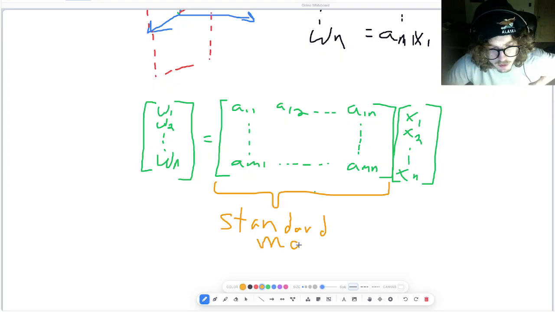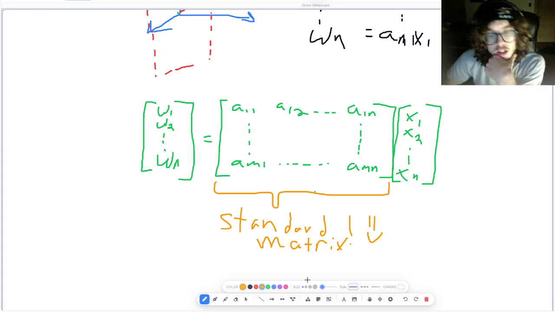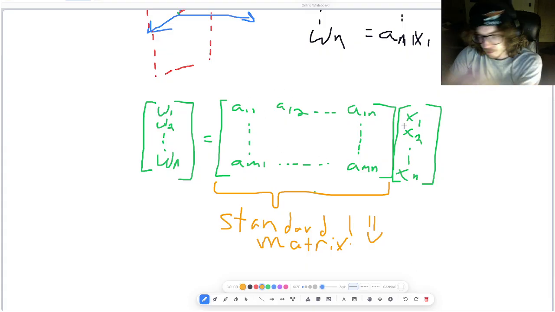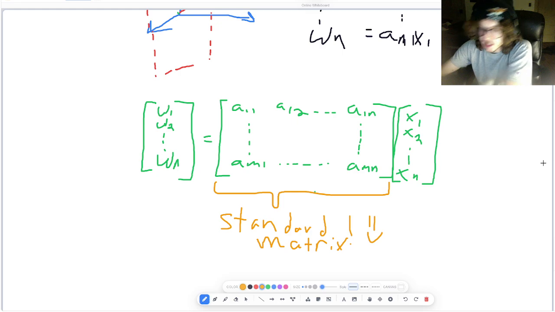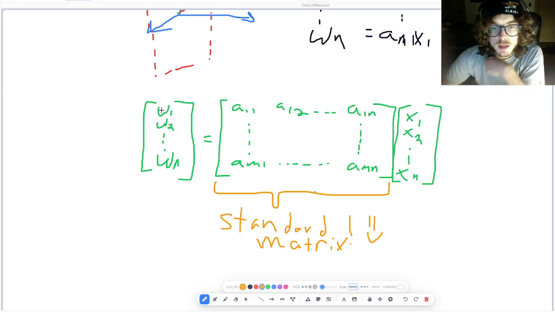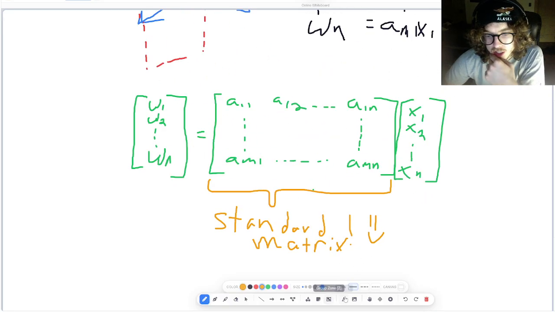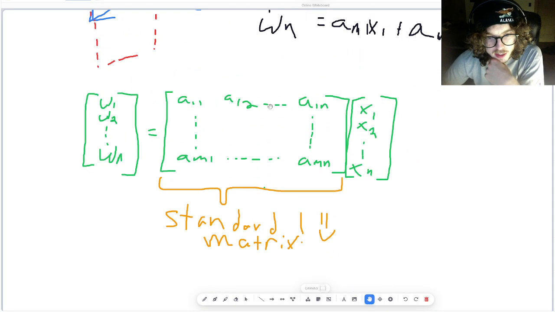What this basically says is that any vector in W space can be expressed as this x vector transformed in some way, and this array of A's is the transform.